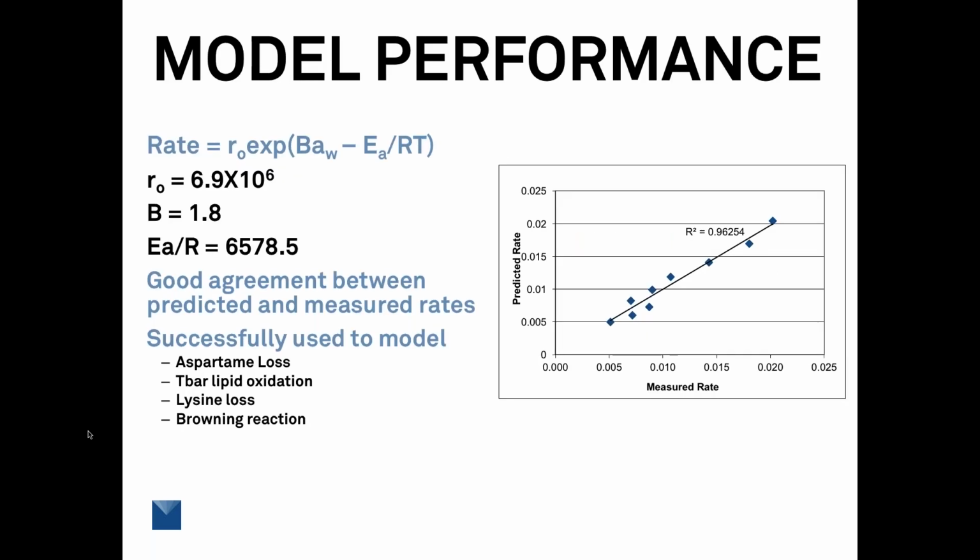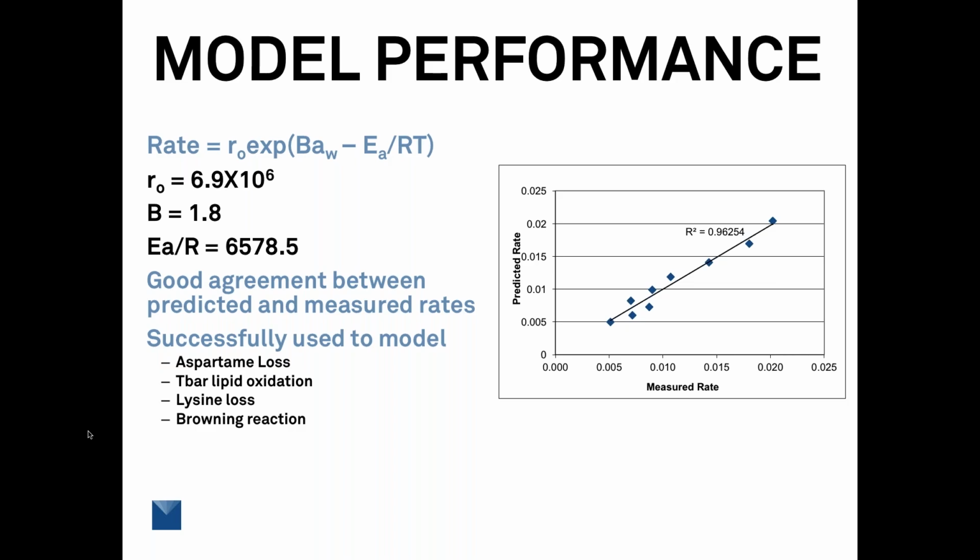So if we do that for our T-bar values that I showed you earlier, we get values for each of our constants through our modeling process. And then if we plot our measured rates to our predicted rates, as you can see, we get a fairly good relationship as indicated by a very high R squared value.